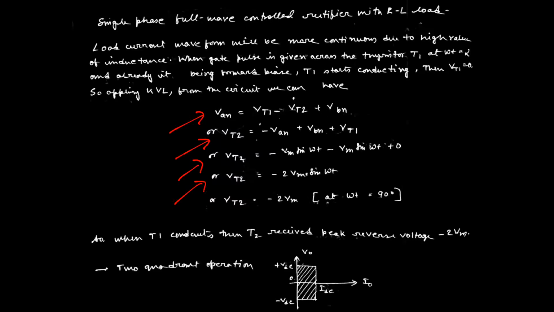This is the final expression which defines the blocking voltage across the thyristor T2 during the off state.